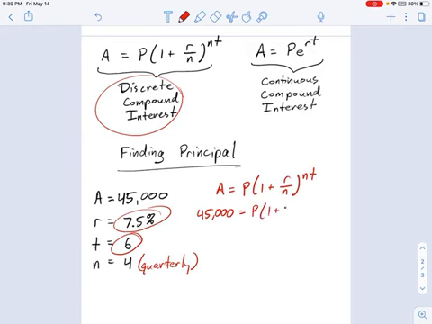R is, remember, a percentage gets turned into a decimal by dividing by 100. So this is 0.075 divided by 4. And N is 4, so that's 4 times, what's T? T is 6. Okay, so let's go ahead and calculate some of these numbers.